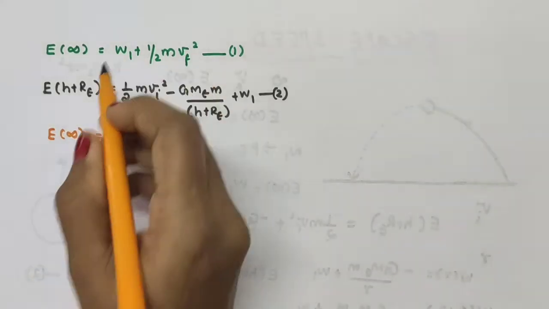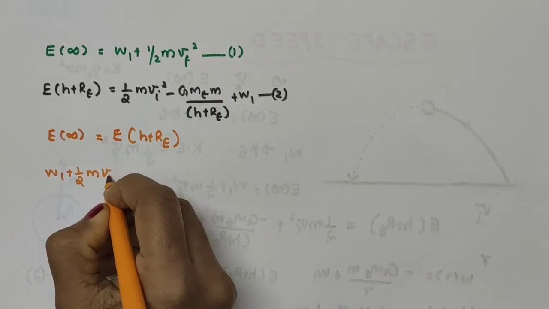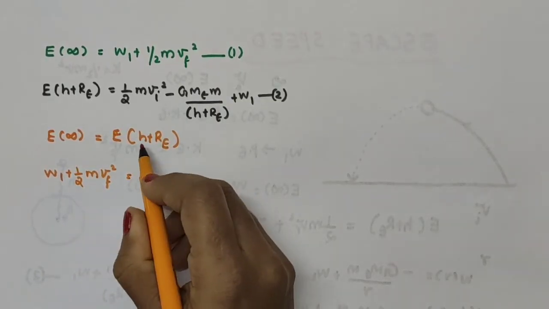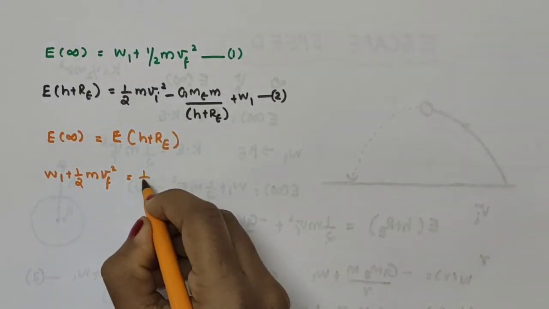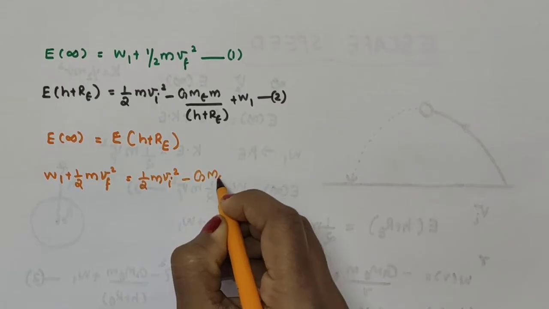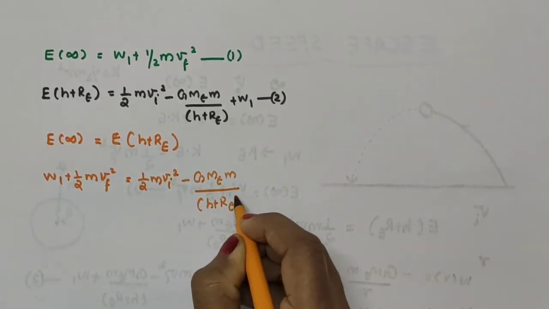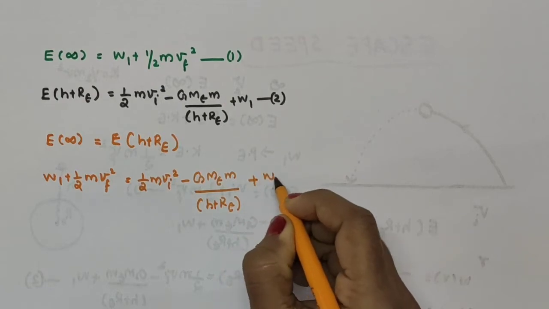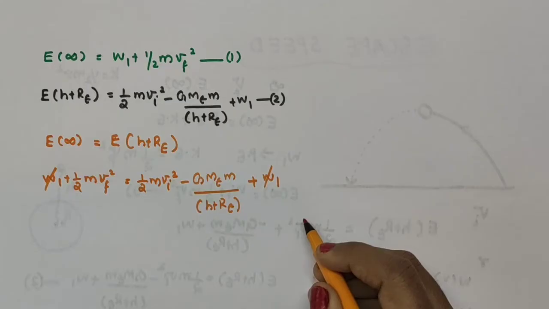What is E of infinity? That is W1 plus half m vf square, equal to E of h plus re. E of h plus re is half m vi square minus G Me m divided by h plus re, plus W1. See, this W1 and this W1 can be cancelled, no?